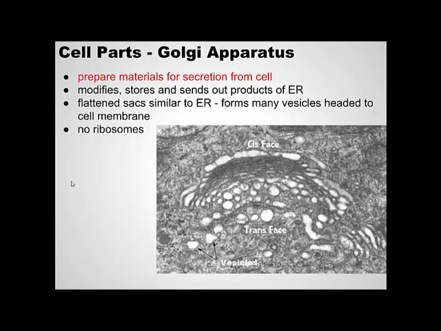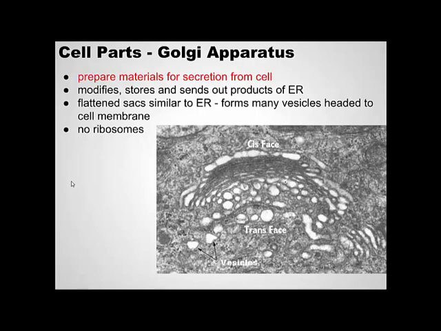It could modify the products that have been produced in the ER. And again, it has sort of two sides to it, just like the ER had what's called the cis phase and the trans phase. The trans phase is the side that sends these vesicles out that are going to be leaving the cell. And so what would be happening is, the ER might be over here.